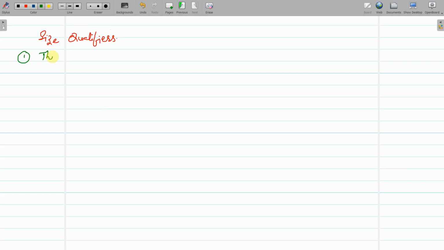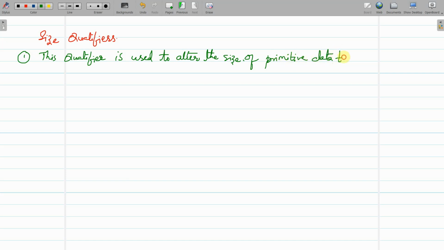This qualifier is used to alter the size of the primitive data type. This is very simple and the basic thing we have repeated previously. This is point number one you have to keep in mind.